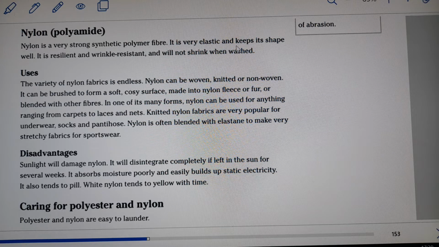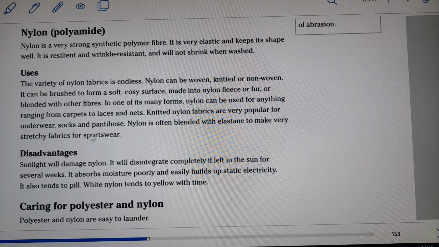It is very elastic and keeps its shape well. It is resilient and wrinkle resistant, and it will not shrink when washed. So in this paragraph you have the description and the properties of nylon, which is our second synthetic polymer fiber.